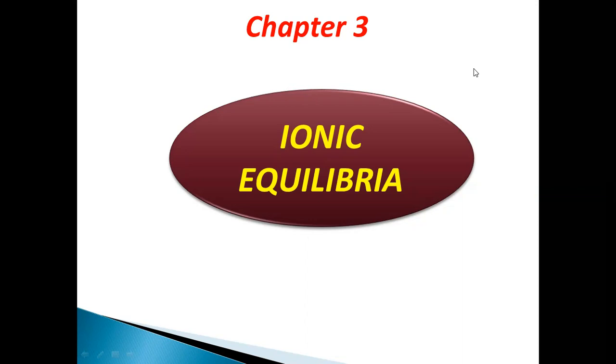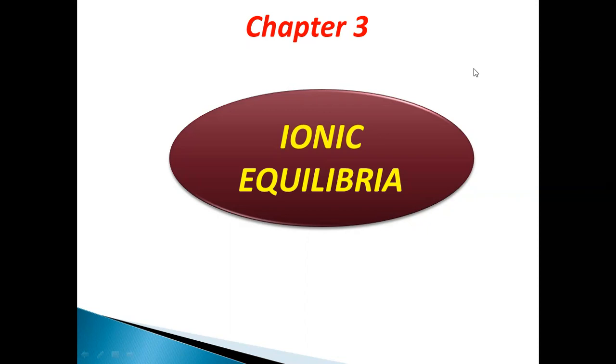Similar to the weak acid, alpha is equal to square root of Kb upon C in terms of concentration, and in terms of volume, alpha is equal to square root of Kb into V. This is called the Ostwald dilution law, which we discussed in the last lecture.